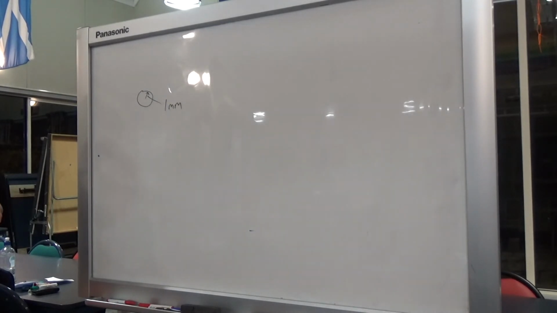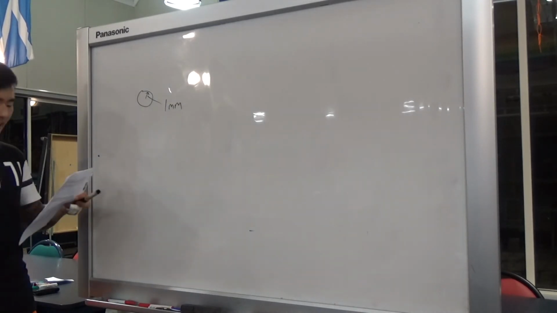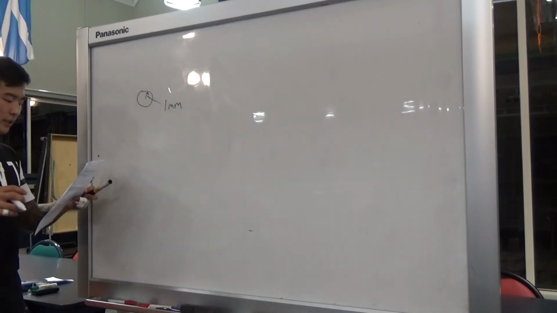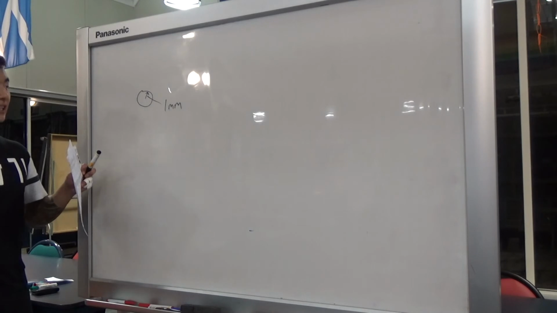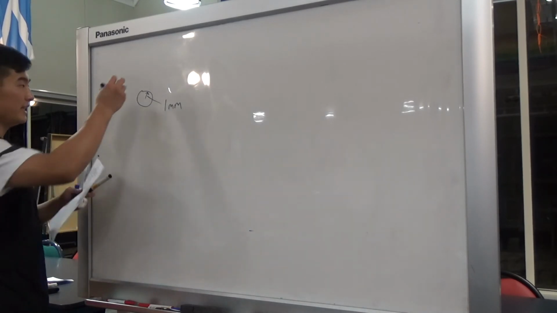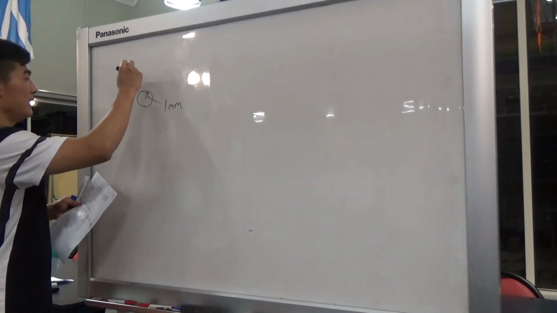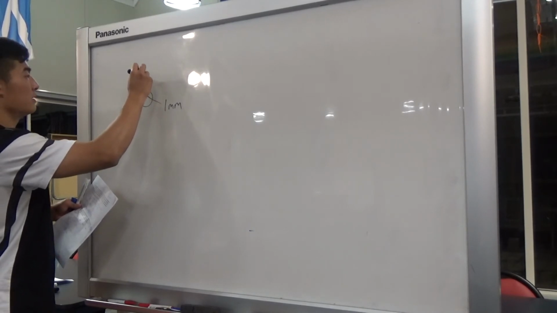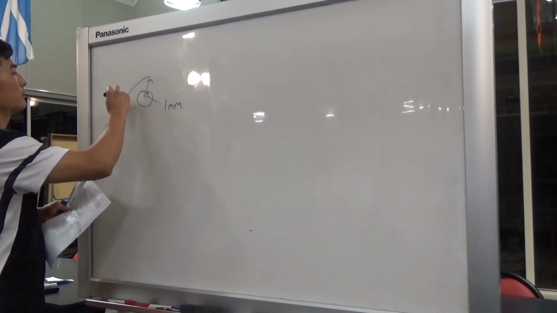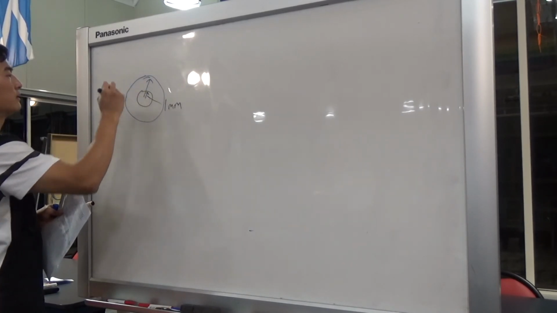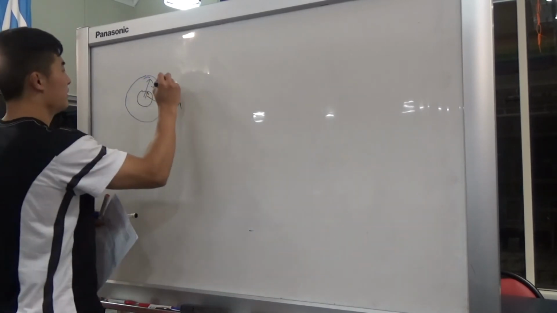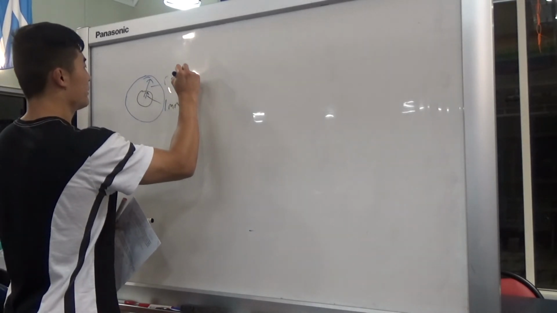But then after 2 seconds, the ink has diffused and diffused further into the water. So now the radius of the ink is now 3 millimeters. It's a wonky circle. Okay, so now the radius is equal to 3 millimeters.